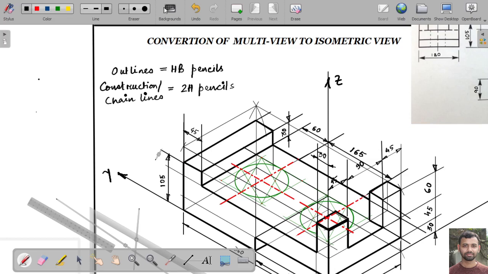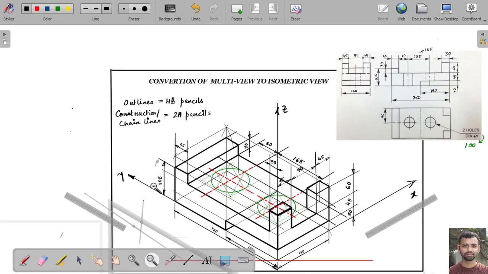Okay, so that's all for the conversion of orthographic or multi-view projection to isometric projection.